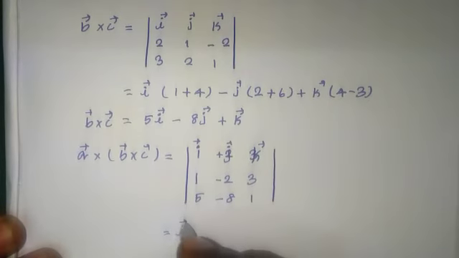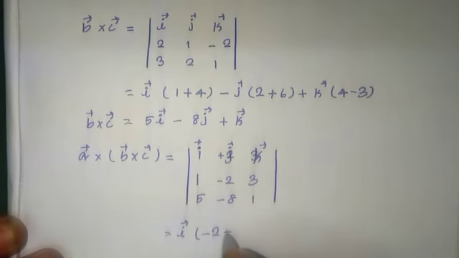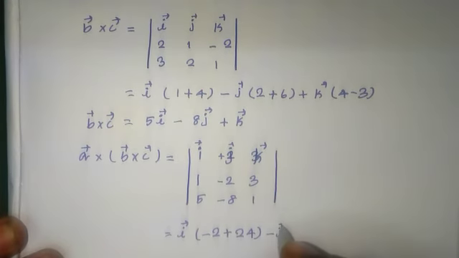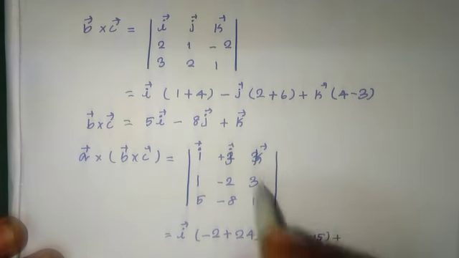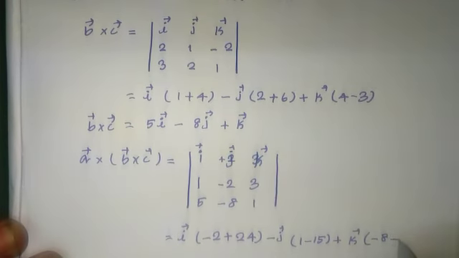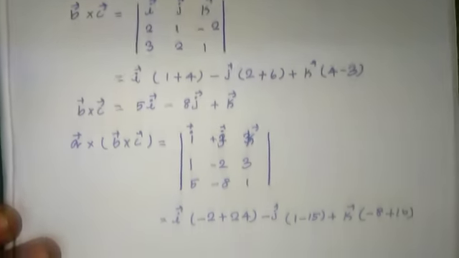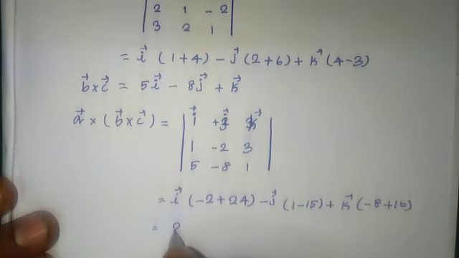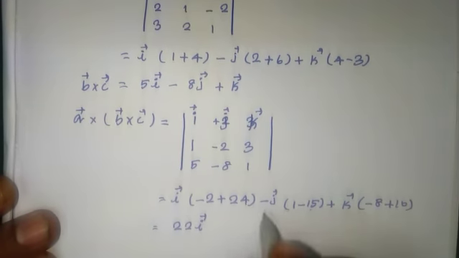So i vector into minus 2 plus 24 minus j vector into 1 minus 15 plus k vector into minus 8 plus 10. 24 minus 2 22. 22 i vector minus 14.